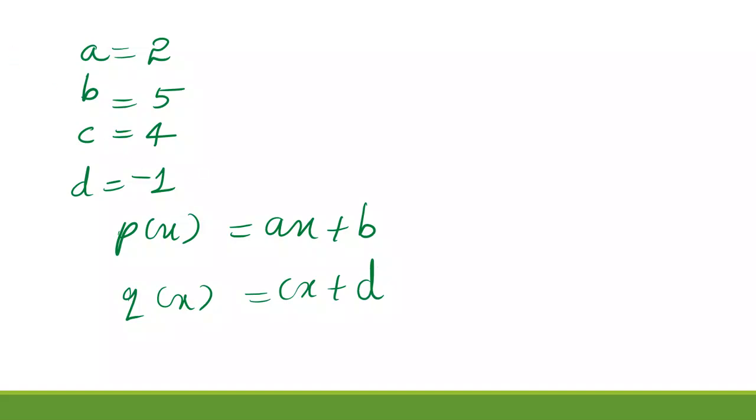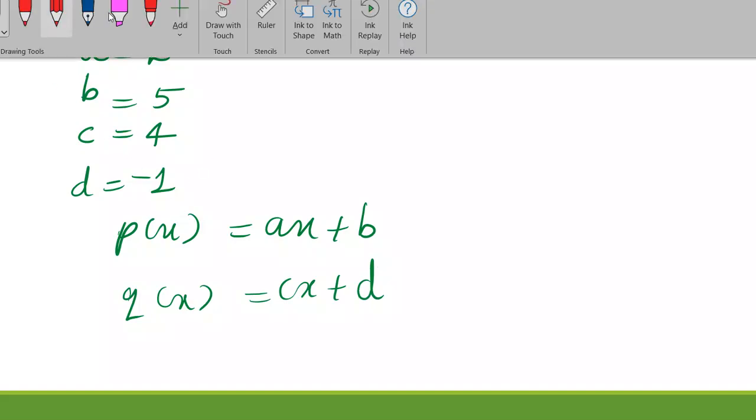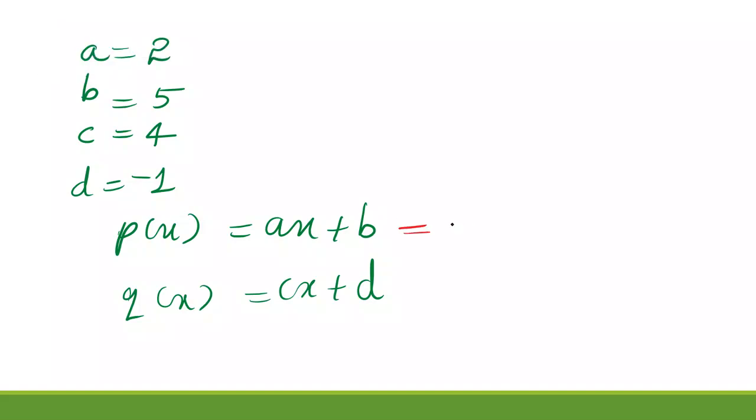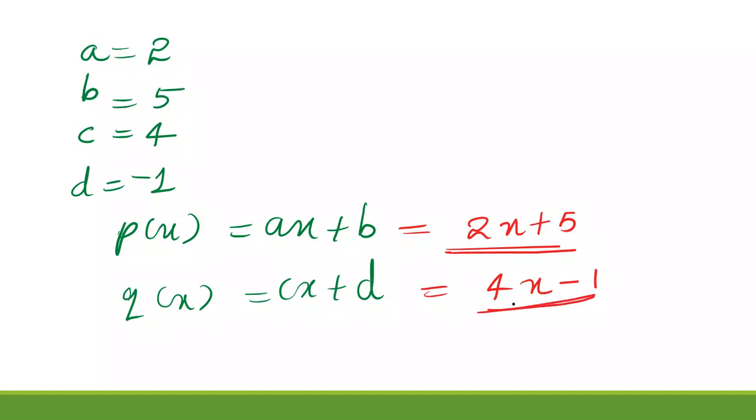So we got a, b, c, d, everything. Now we can substitute the values and find the original polynomials. So ax plus b means 2x plus 5, and cx plus d means 4x minus 1. So p of x is equal to 2x plus 5 and q of x is equal to 4x minus 1.